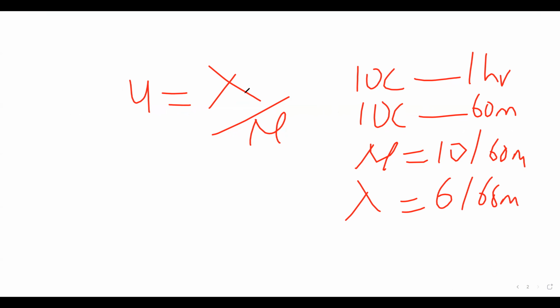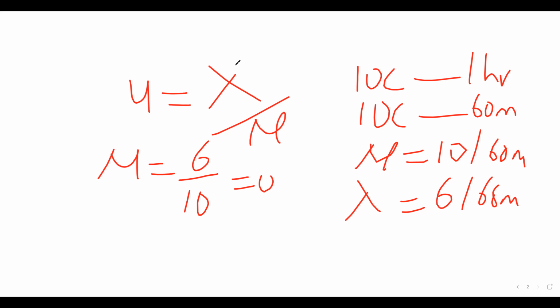Now, what are the chances that a customer has to wait? And this is the formula you have there. So the utilization is going to be lambda, 6, over mu, the service rate, 10. What are the chances that a customer has to wait? And you have your answer right there, 0.6.